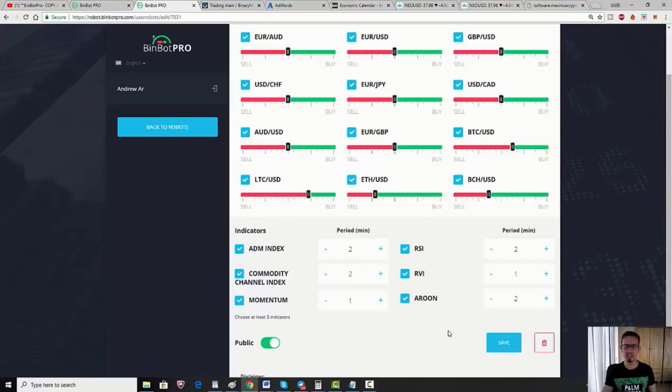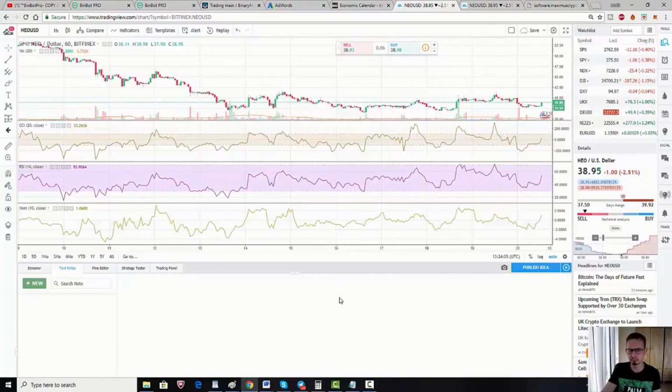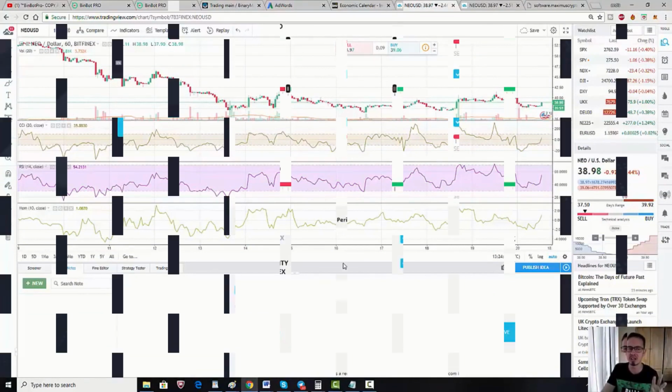There are only 6 indicators in total, which you can adjust, and you can turn them on and off depending on the market volatility, or the particular market conditions when you trade. So in order to generate more profitable results, it's recommended to only turn on 3 indicators, guys.